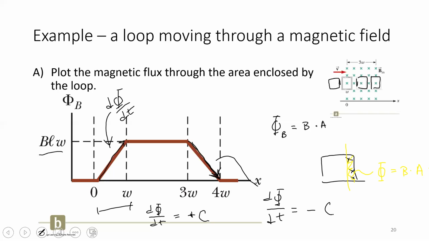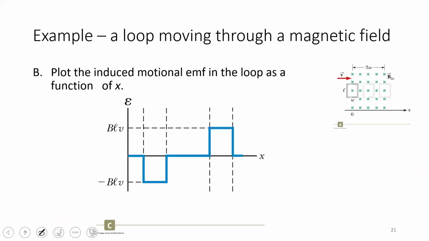Okay, in this region that's a flat line, so there is no slope there, there's no slope here, there's no slope after 4W. So if we are looking at our motional EMF of the loop as a function of x, we are looking for the negative of the slope of the previous graph.